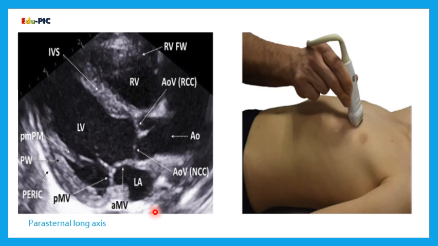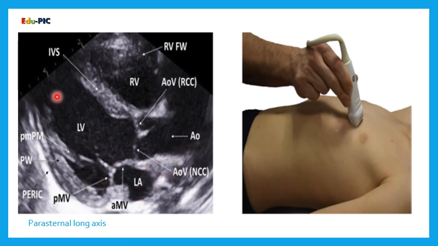Then moving to parasternal views. We start with the parasternal long axis. You move the probe to the left parasternal area, and as you see here in the image, the knob we cannot see here, but it will be towards the patient's right shoulder. So we'll obtain this view.